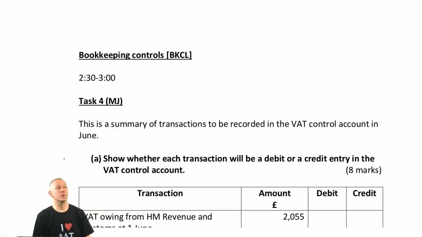Reference to task 4. The task that I'm going to perform here is from a past examination. The bookkeeping examinations are both divided into 10 tasks, and this is the 2016 exam.